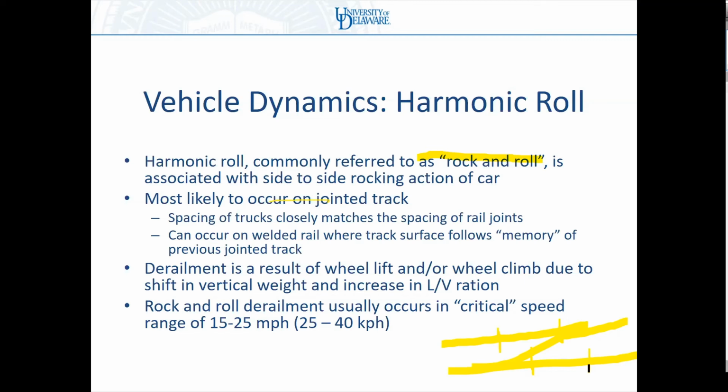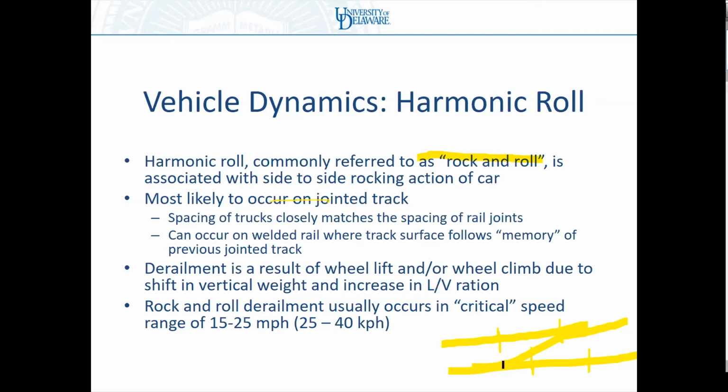So typically or traditionally, these joints are roughly around 12 meters apart. And if your bogie spacing is around 12 meters, which is also a fairly common type of bogie spacing, then you can generate this resonance phenomenon.